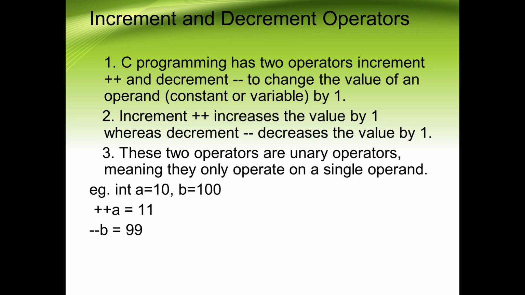And if we use minus minus, then the value of 1 becomes 0. These are two unary operators with a single operand. Take an example: int a equals 10. When we do plus plus a, then 1 will be added and it will become 11. But when we use minus minus b, the answer is 9 in our output. It is decrement and it is increment.